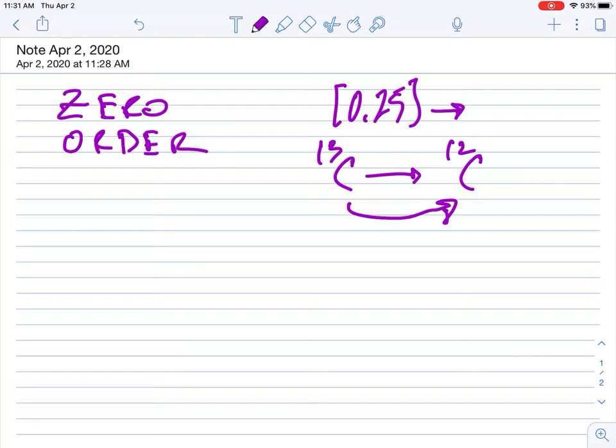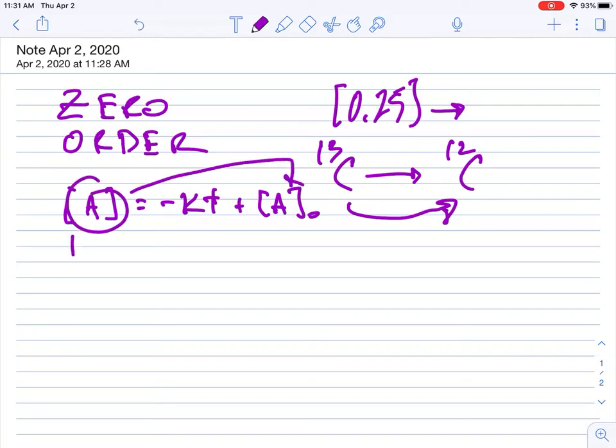So let's say you have a zero order reaction. The concentration of A is going to equal negative kt plus the initial concentration, A naught. Here's the short version. We want this to become half of this, so we let 1/2 A naught equal negative kt plus A naught.